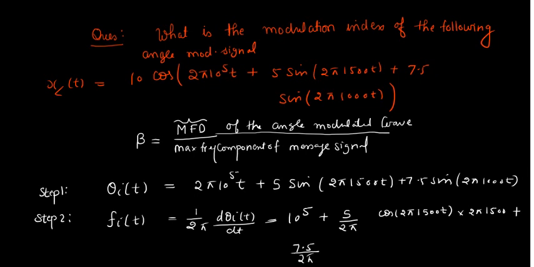This 2 pi is because of this, right? Then you differentiate this, and so this is the differentiation. This 2 pi, this 2 pi, and this 2 pi, those 2 pi get cancelled.